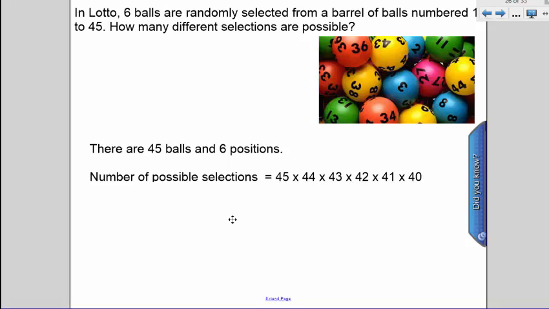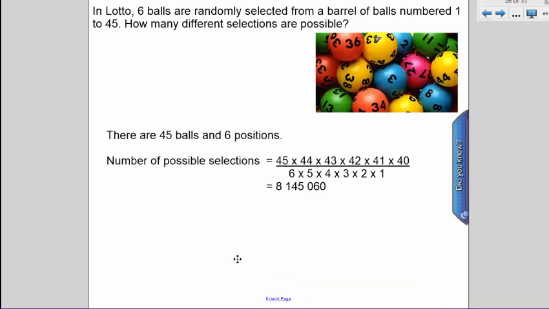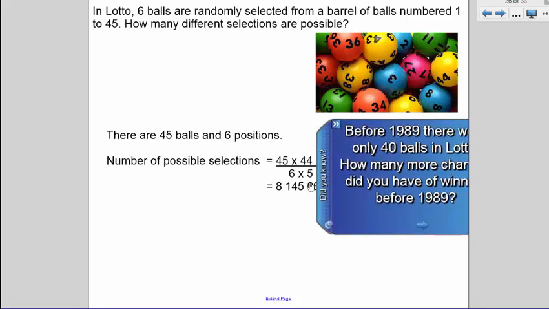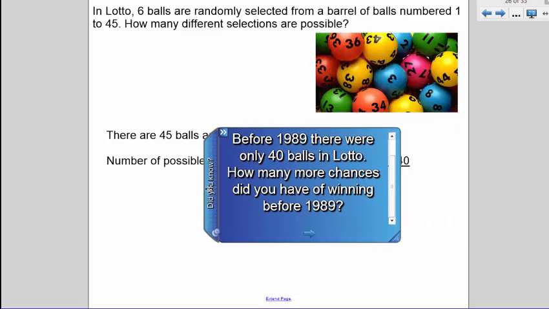But then, order doesn't matter for Lotto, so we need to divide by 6 factorial to get rid of the groupings that are the same, leaving us with 8,145,060 different combinations. That means you have one chance in just over 8 million of getting the right numbers and becoming a millionaire.